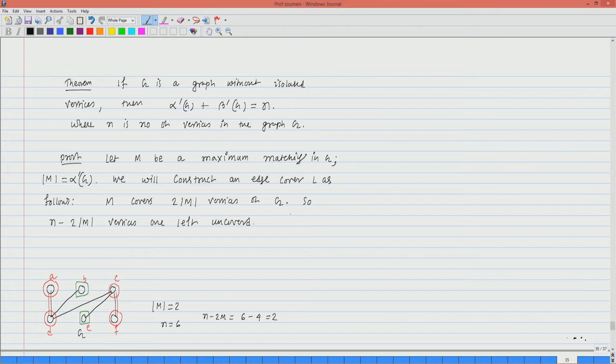So, if we use one edge to cover one vertex, that means I will use this edge to cover this vertex and I will use this edge to cover this vertex. Then I have to use this many edges in my edge cover to cover this many vertices.